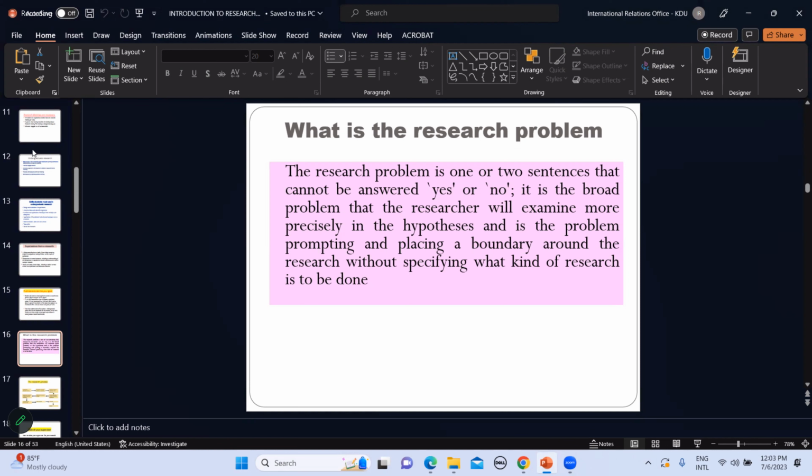So we produce the hypothesis like this: smoking may be leading to cancer. That is the hypothesis. Then by doing the research, we have to test the hypothesis. You understand me? Experiment or modeling or whatever it is. That is the research.